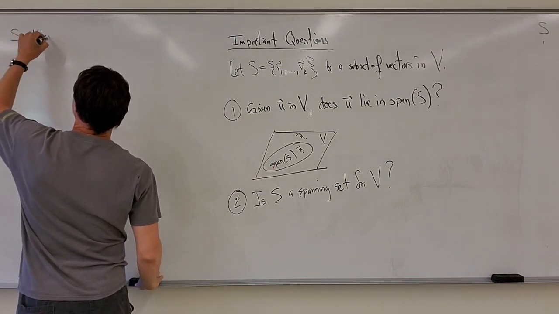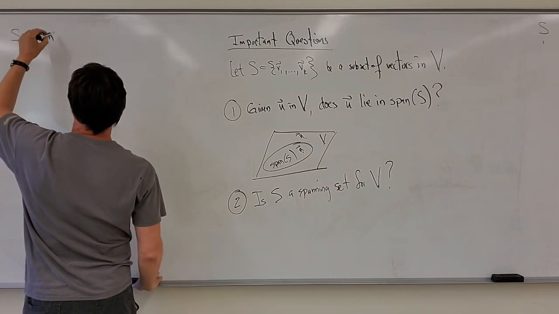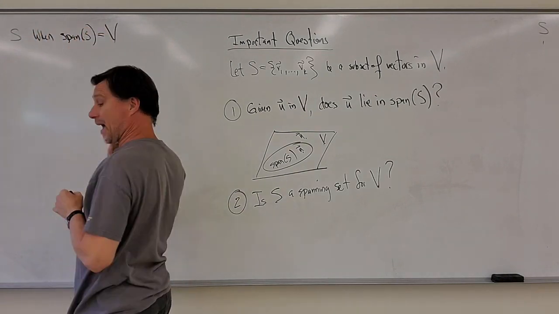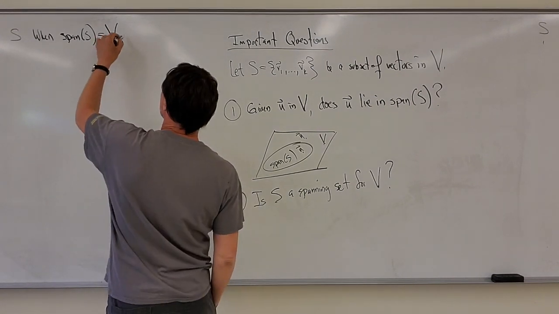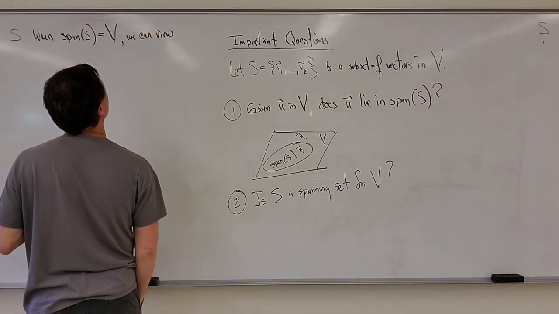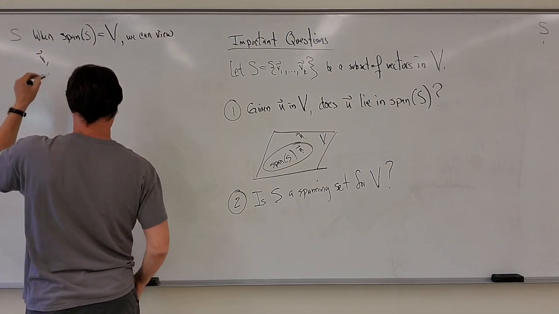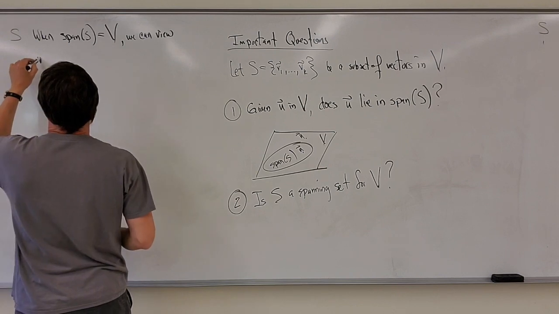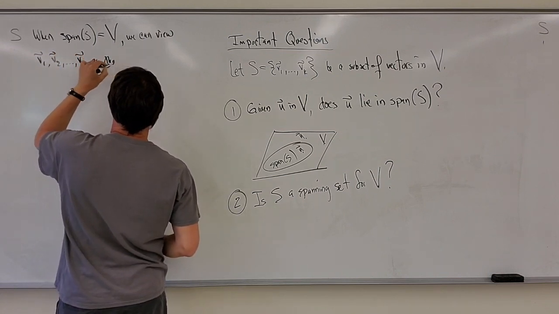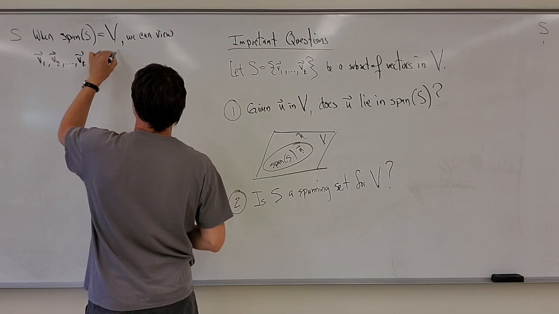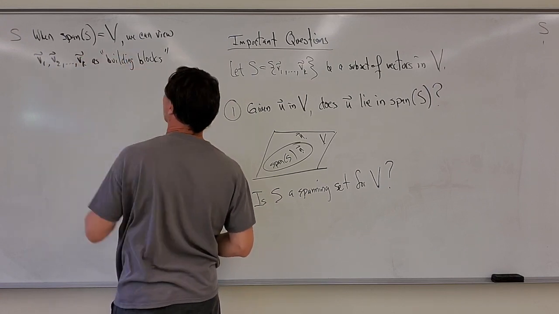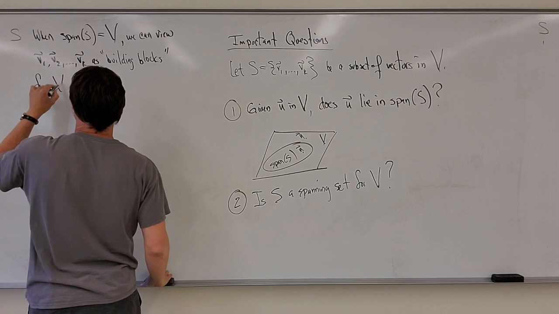When the span of S is equal to V, so when S is a spanning set for V, we can view the vectors V1, V2 up through Vk as "building blocks" for V. And why is that?